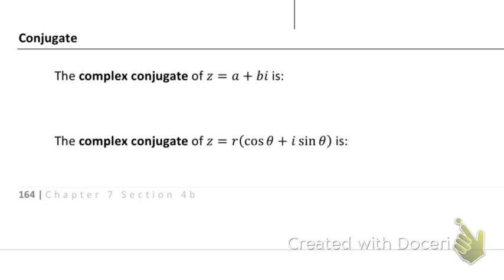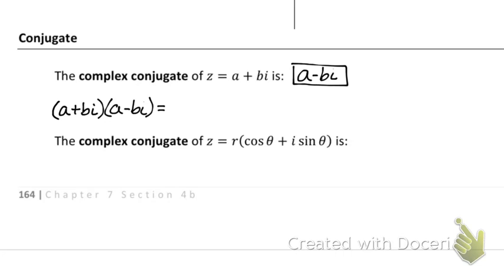When I have a complex conjugate, if it's in rectangular form, a plus bi, our conjugate is going to be a minus bi. And it's a minus bi because hopefully when I multiply this, we're going to get rid of the imaginary portion. Let's check that. If I have a plus bi and I multiply that by a minus bi, that is a difference of squares. So we're going to have a squared minus bi squared.